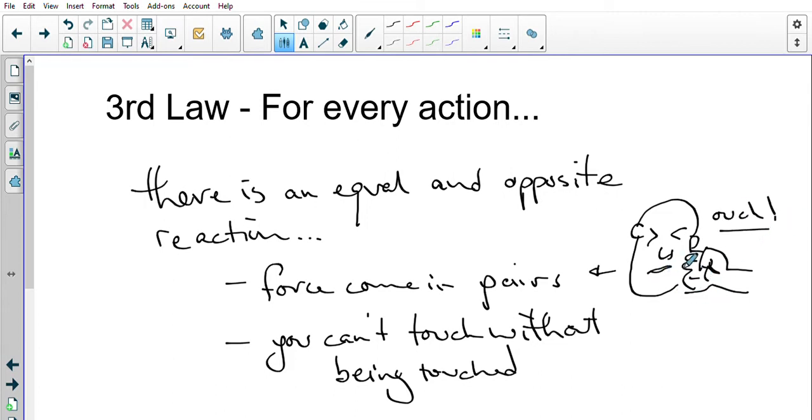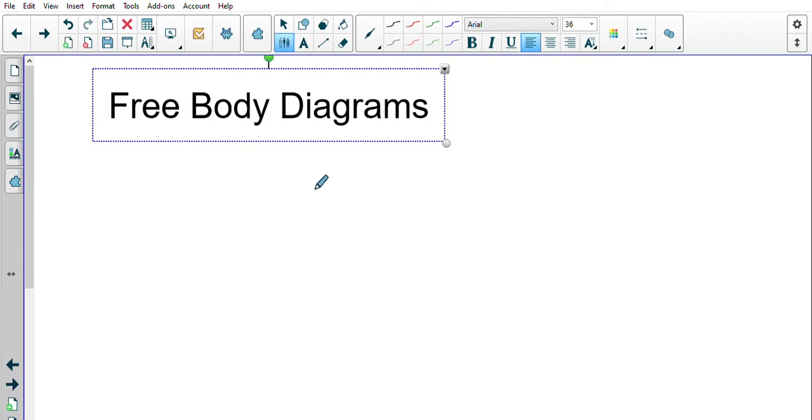The force against the face and the force against the fist are going to be the same amount of force. For every action, there's an equal and opposite reaction. Just picking on Mehek and Isha because, why not?